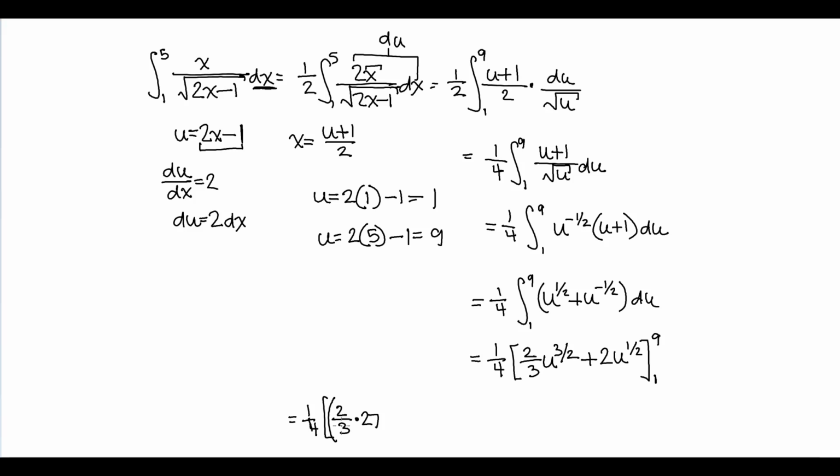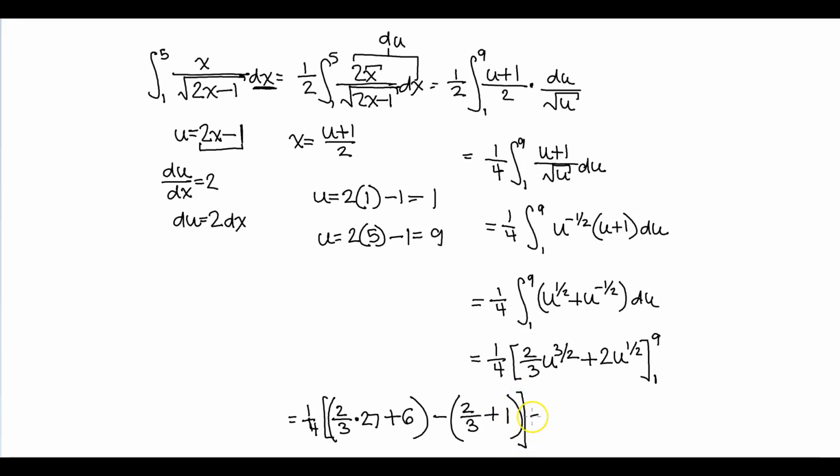So 9 to the 1/2, that's the square root of 9, it's 3. So plus 6, minus 1 to the 3/2 power is just 1, minus 2/3, plus 1. Square root of 1 is 1.